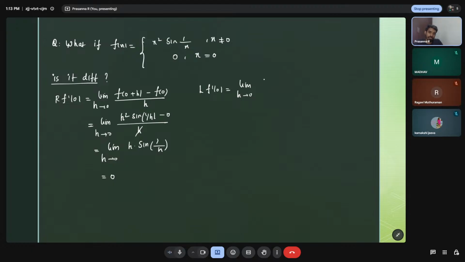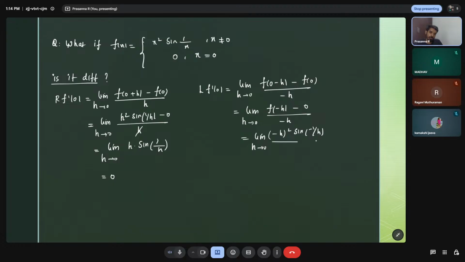Limit h tending to 0, f of 0 minus h minus f of 0 by minus h. So limit h tending to 0, f of minus h minus 0 by minus h. And what about f of minus h? Minus h whole square sine of minus 1 by h, by minus h. This is an odd function.